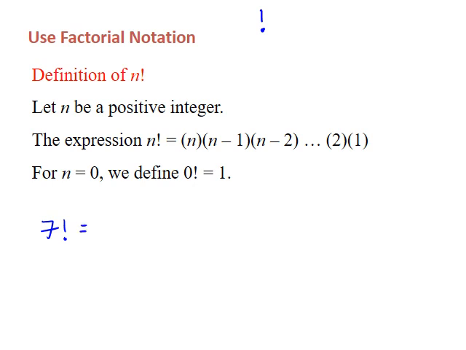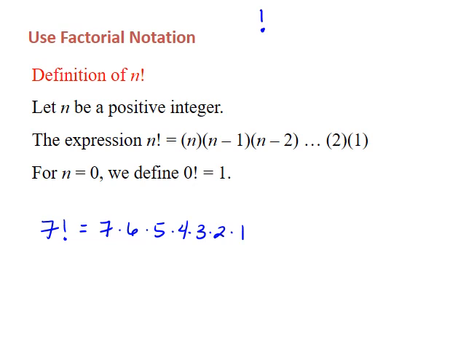Instead, what this means is 7 times 6 times 5 times 4 times 3 times 2 times 1. And we stop at 1 because we don't want to say times 0, because anything times 0 is 0. So this is known as factorial notation.